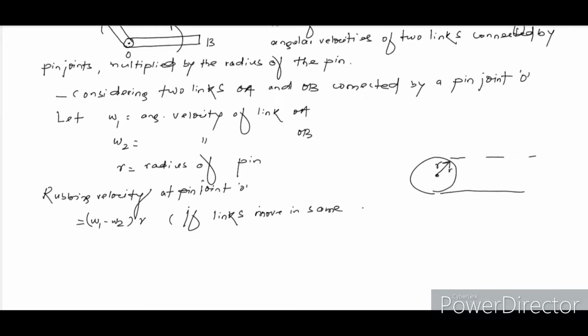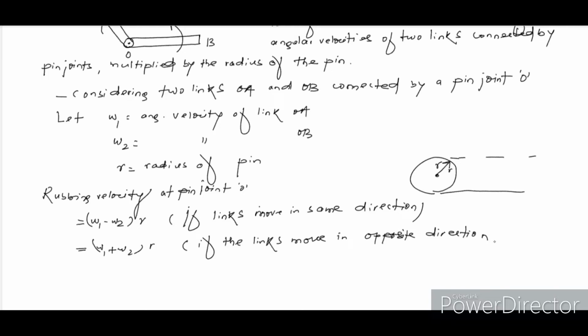Remember that. If both the links are rotating in the same direction, it will be omega 1 minus omega 2, and it will be equal to (omega 1 plus omega 2) R if the links move in opposite direction.